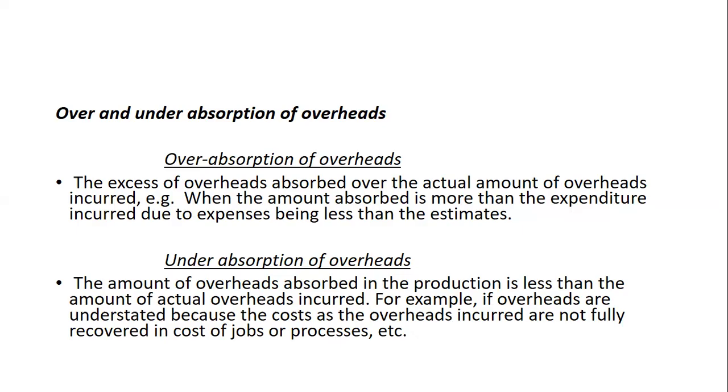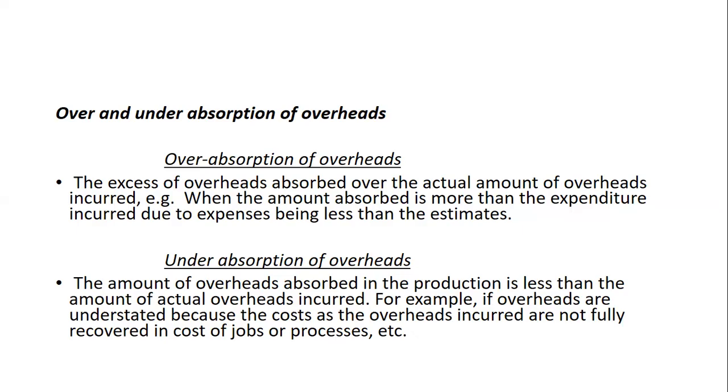When you speak of overhead absorbed, we mean estimated overhead charged to product. The estimated overheads that are charged to the product, while actual overheads are the real overheads incurred by the business. Are you getting that?